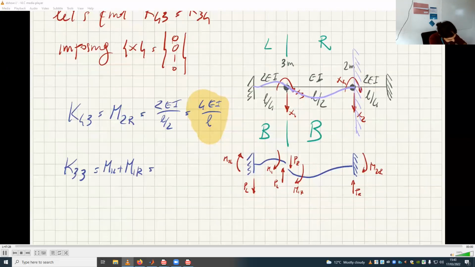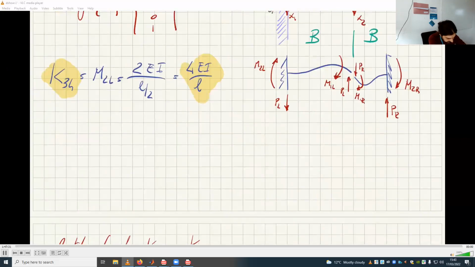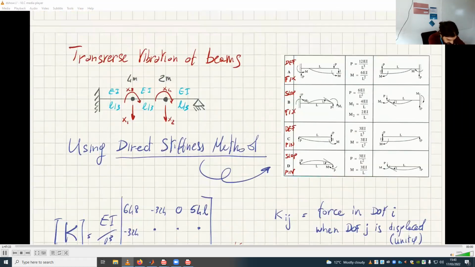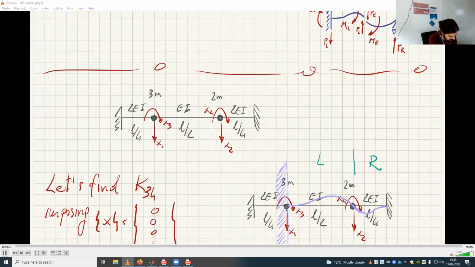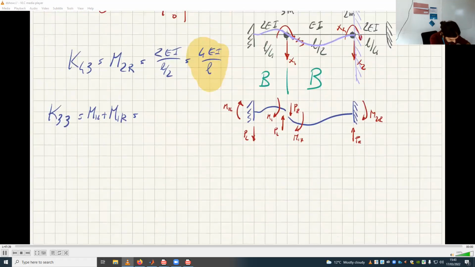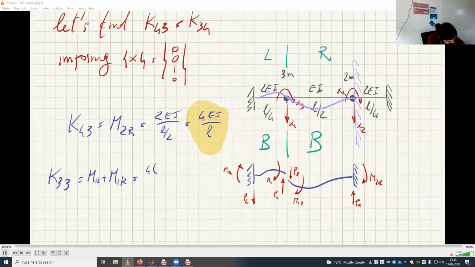And M1 in the table is 4EI over L. So in this case it is 4 times, on the left, EI is 2EI. So it's 4 times 2EI over L plus M1R. Sorry, L is divided by 4.